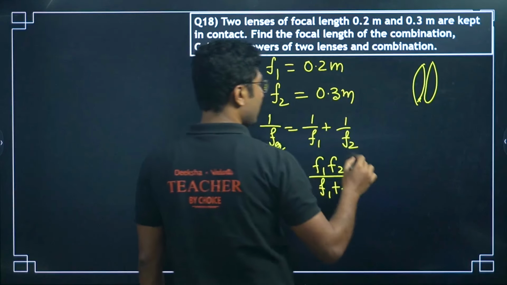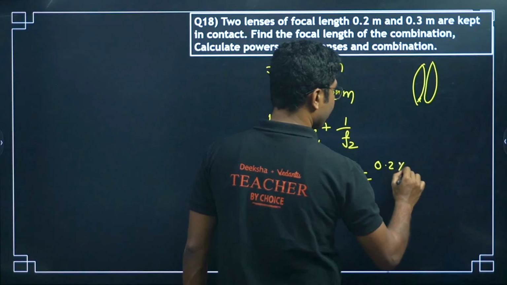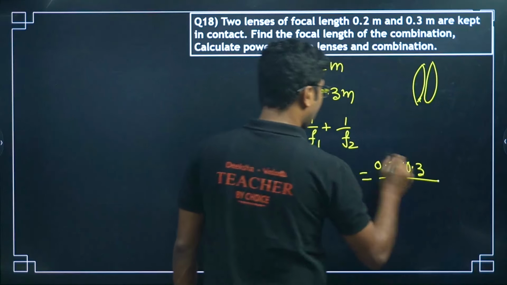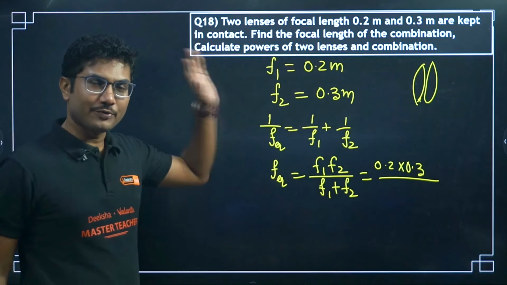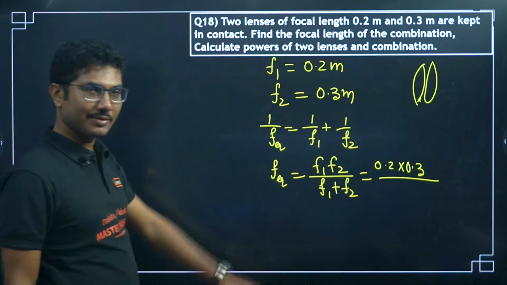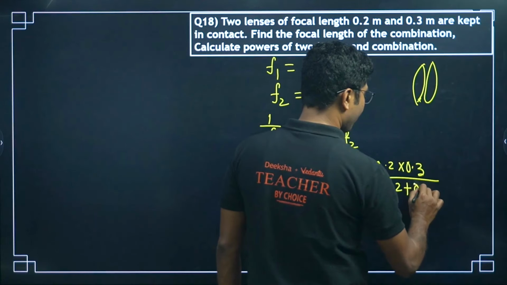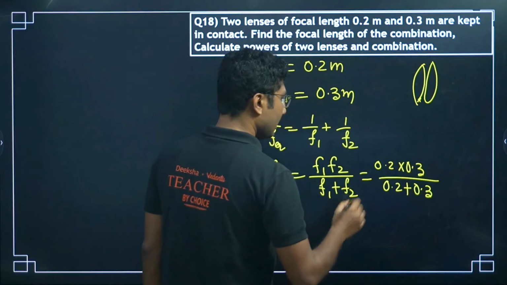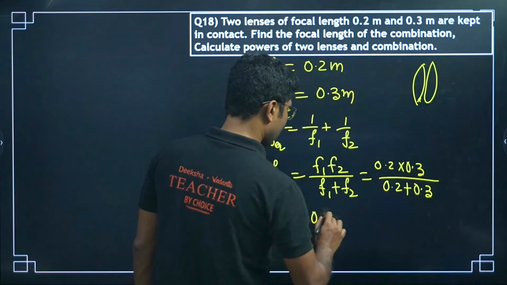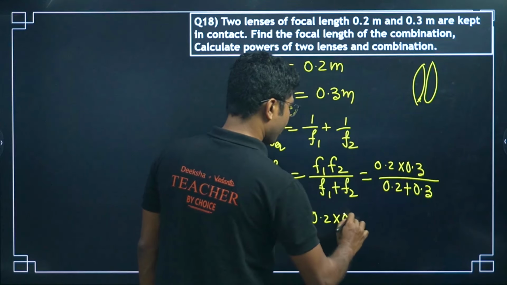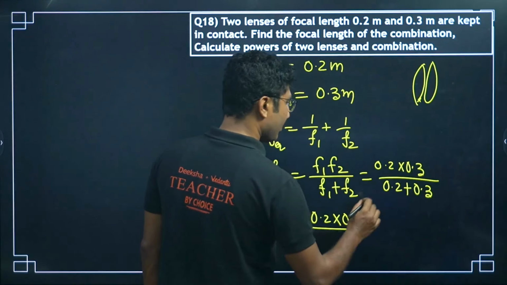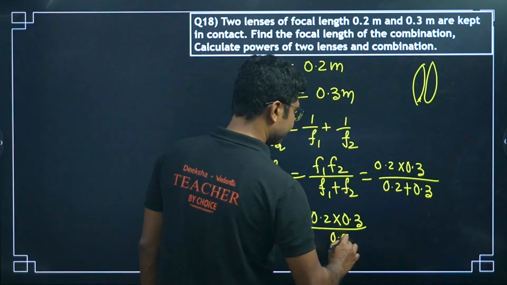Now, put the values 0.2 into 0.3. I have converted it using the knowledge of parallel combination of resistors, so do not get confused. So, 0.2 into 0.3 divided by 0.2 plus 0.3, which is 0.5.